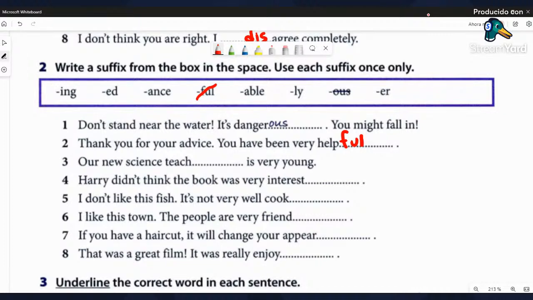What about the next one? The number 3. Our new science teacher is very young. Which one do you think fits perfectly here? I'm going to give you a few seconds, guys, for you to answer. Go ahead. You guys can also write.